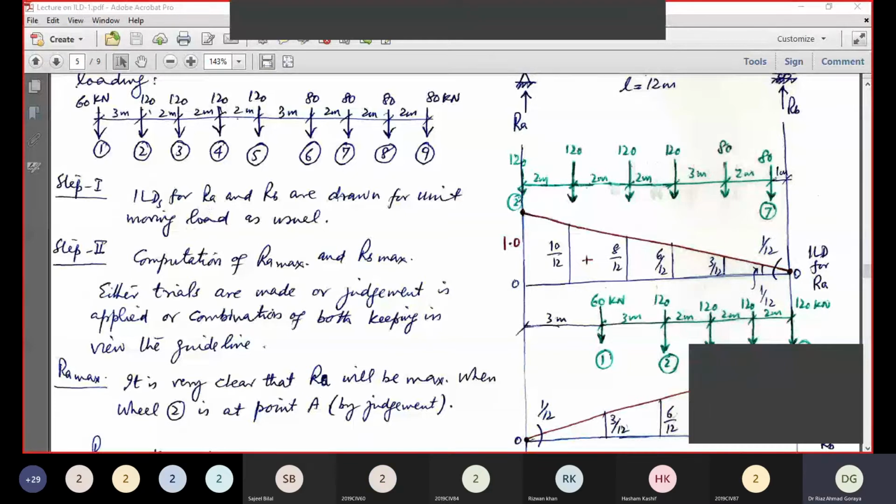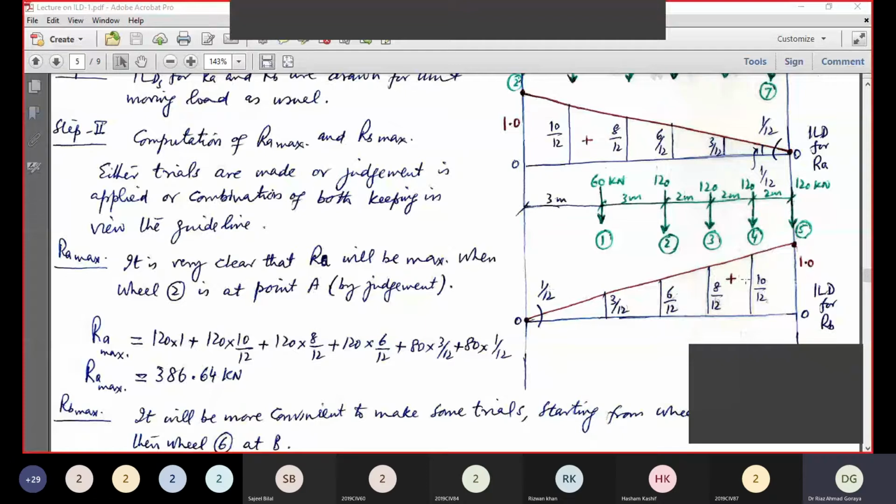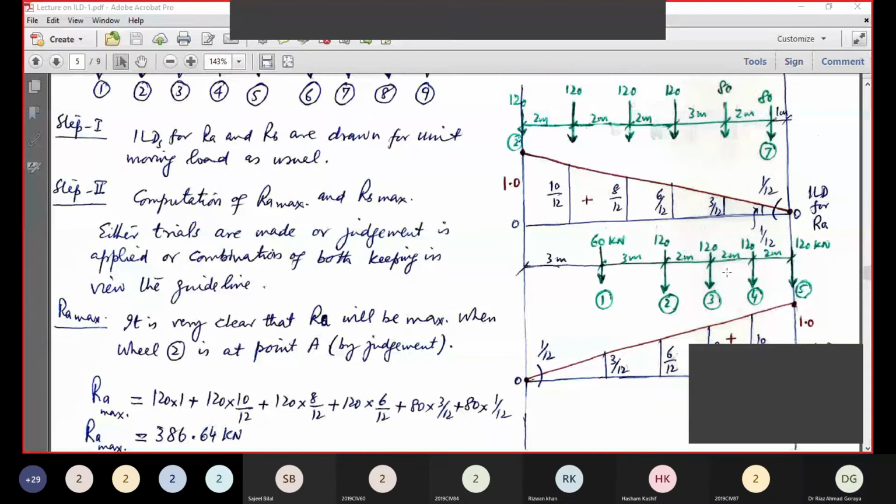ILD for RA and RB are drawn for unit moving load as usual. The same one as the exercise we did. This slope will be 1 by 12. Step 1 is the same as the previous. No change.